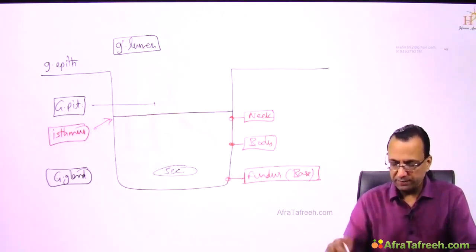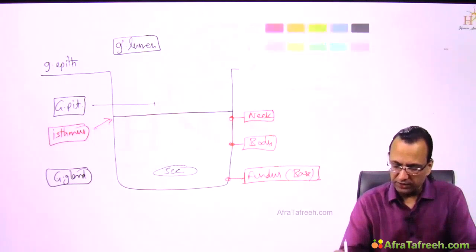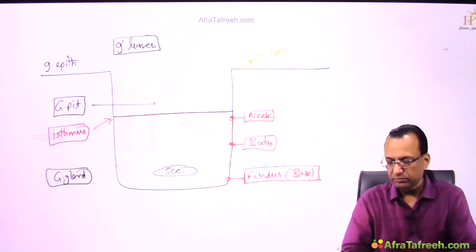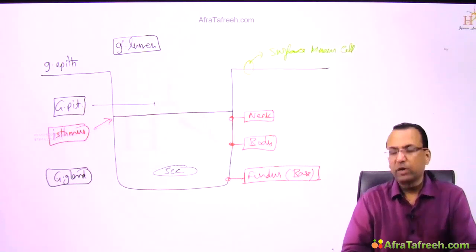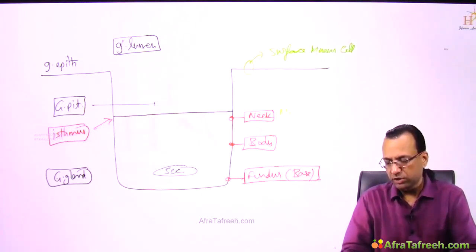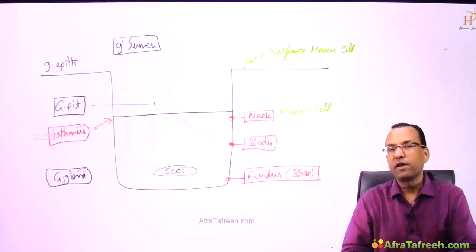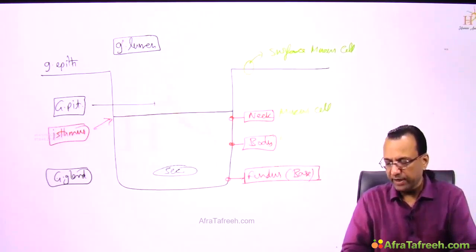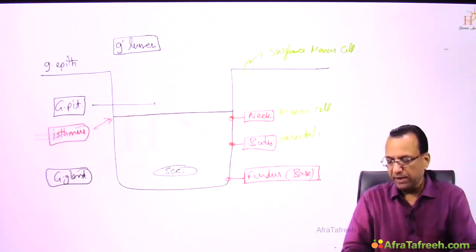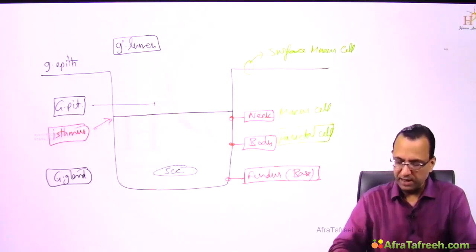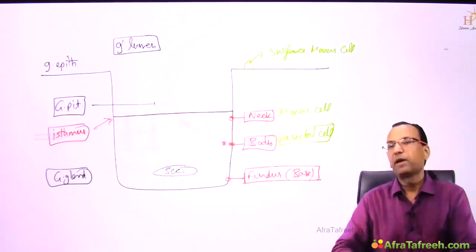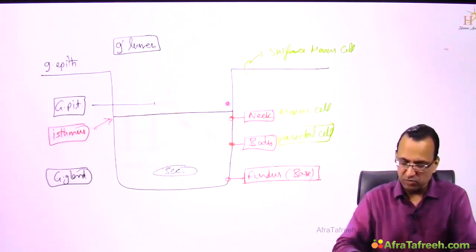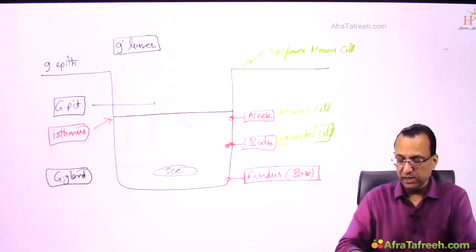You have to remember, on the surface there will be surface mucous cells. And in the neck region, mucous neck cells. And what is in the body region? Predominantly parietal cells. Actually, the upper part of the gastric gland has mucous neck cells and parietal cells.